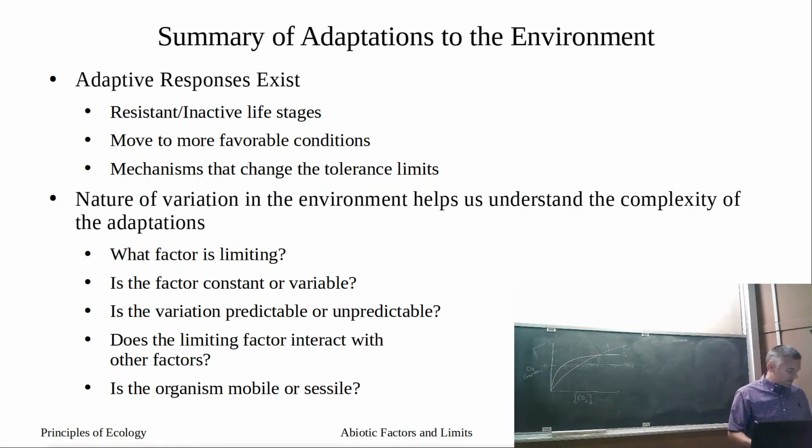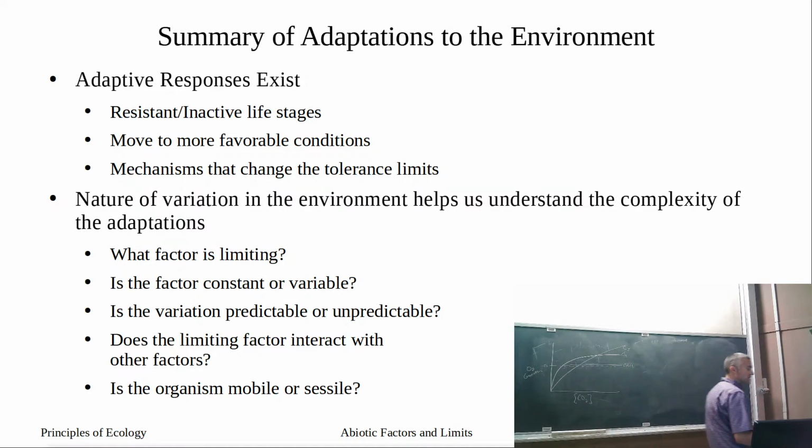So, types of questions that we could ask is, okay, we see this adaptation. What factor was limiting? What factor produced that? What's a selective force to favor that adaptation? Was that selection force a constant type of selection force, meaning a harsh type of selection, or was it more variable, which made it much harder to evolve a mechanism?